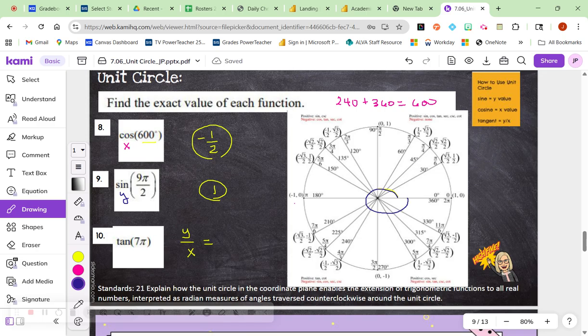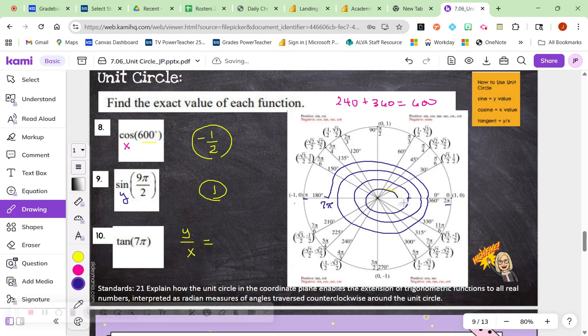And if we go around again, that's 4 pi. We go around again, that's 6 pi. And then we got to go one more pi, which would be here, because this is pi, and that would put me at 7 pi.